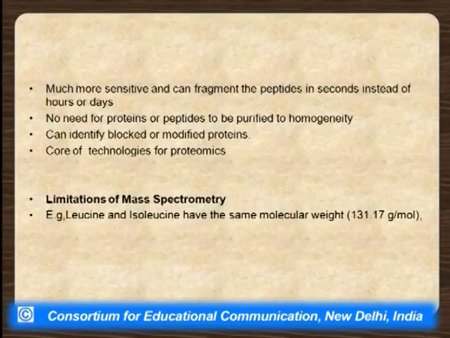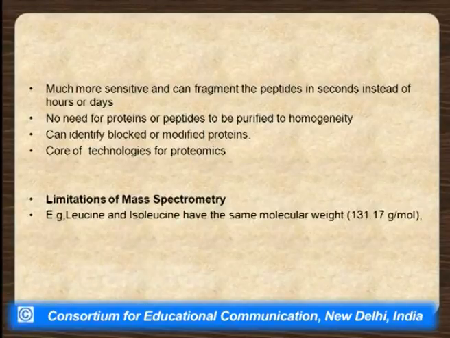Mass spectrometry, on the other hand, is a much more sensitive technique, requires very little time, and it can fragment the peptides in seconds. There is no need for peptides or protein to be perfectly pure or homogeneous. It can be used to identify even the blocked or post-translationally modified proteins as well. And this forms the core of technology for the field of proteomics.